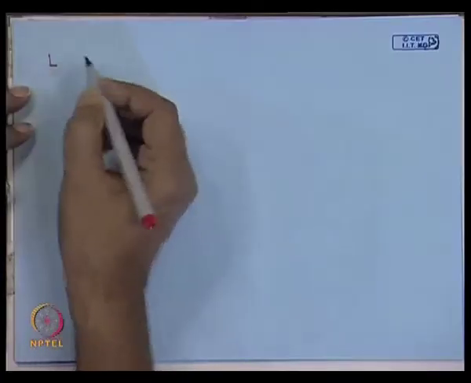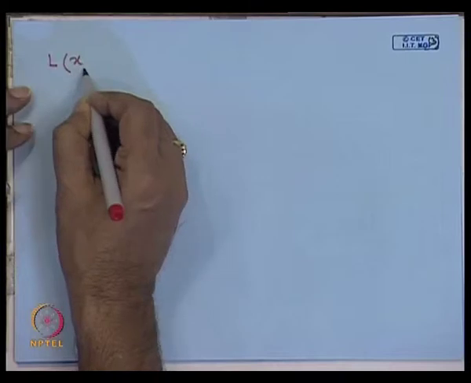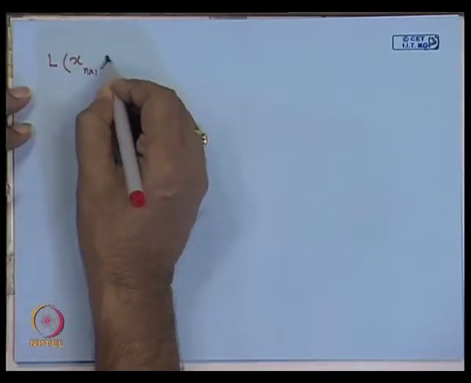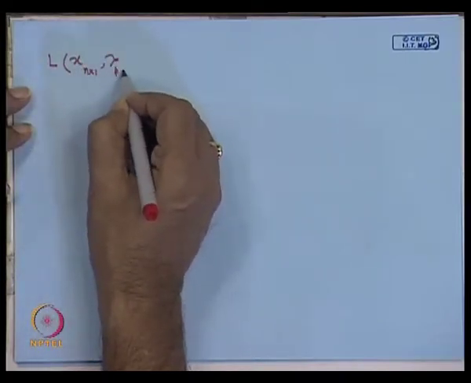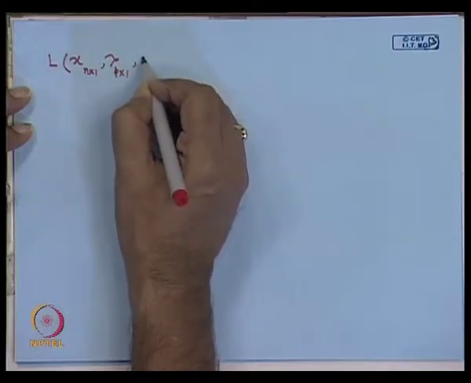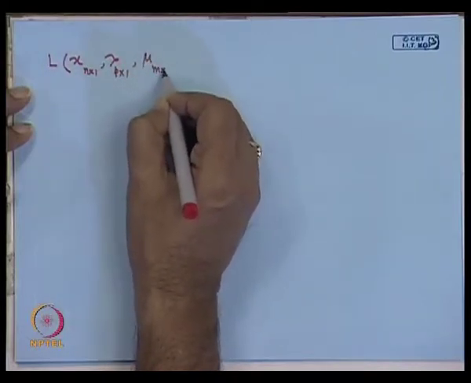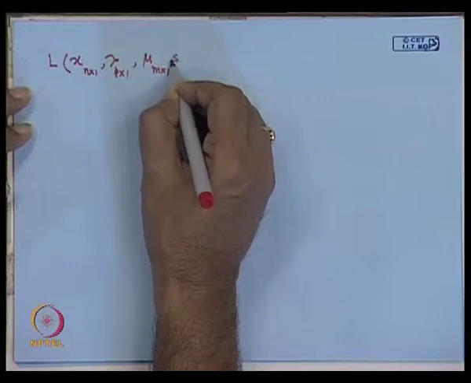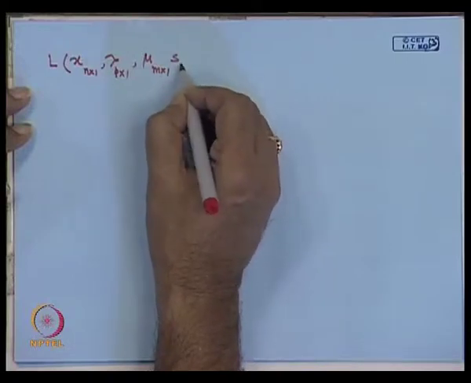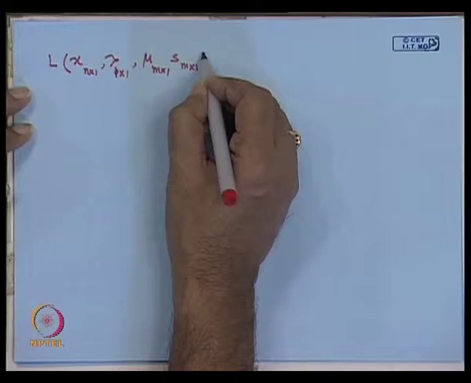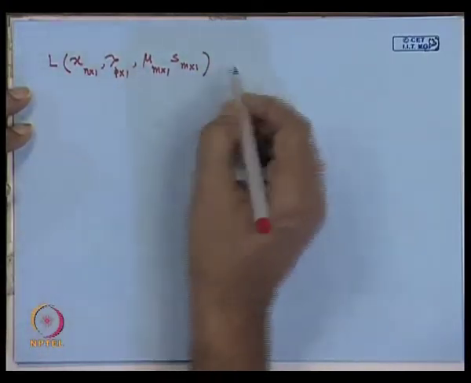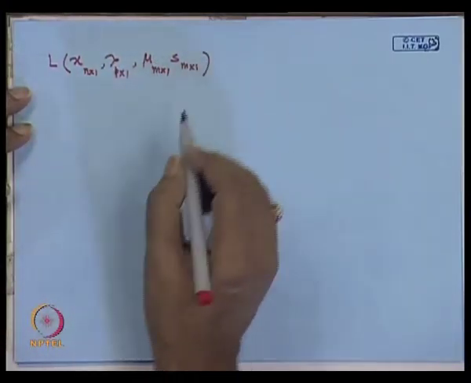So, one can write this in this notation form. L, which is a function of x, which is n cross 1, a function of lambda, which is p cross 1, a function of mu, which is m cross 1, and a function of s. I will explain how you have defined lambda, mu and all these things.